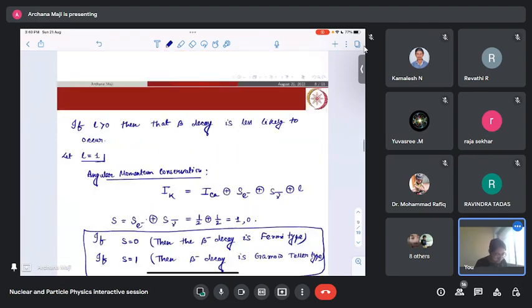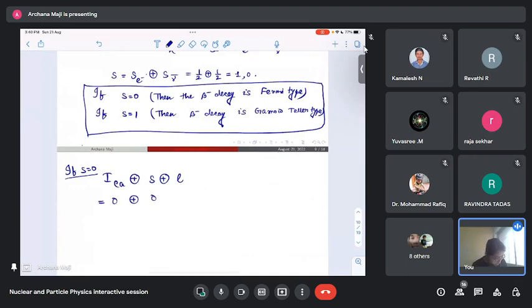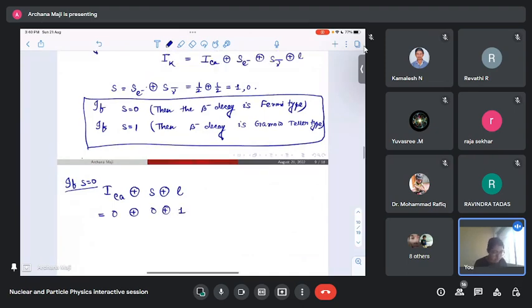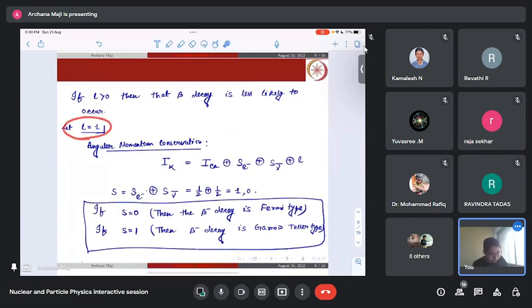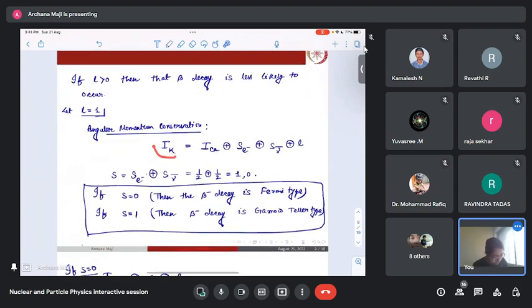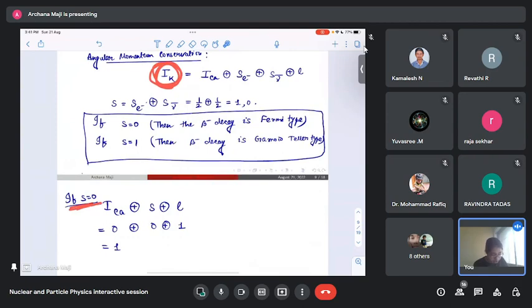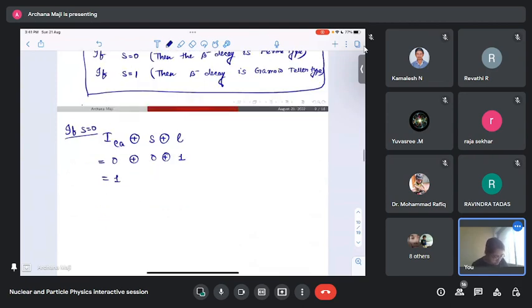Angular momentum of calcium is 0, so this is 0 plus L, which is 1 since we have considered L to be 1 here, so it will give you just 1. But on the left hand side we have angular momentum of potassium, which is 2. So S equal to 0 is not possible, and is discarded.